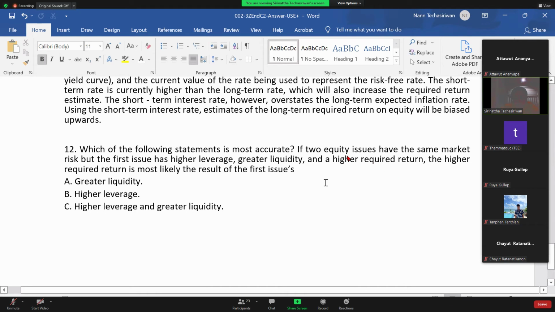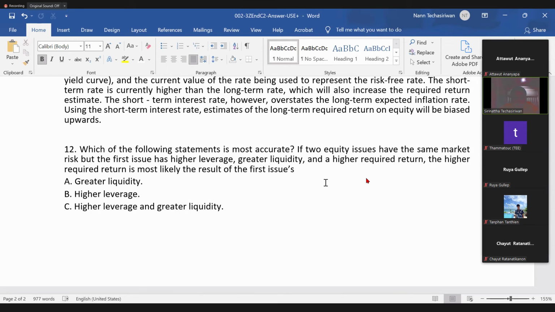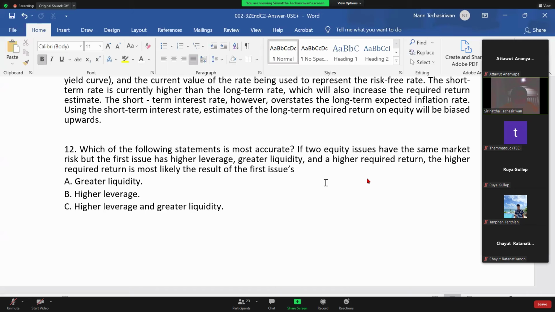Two equity issues have the same market risk, but the first issue has higher leverage, greater liquidity, and higher required return. The question is, the higher required return is most likely the result of what for the first issue?